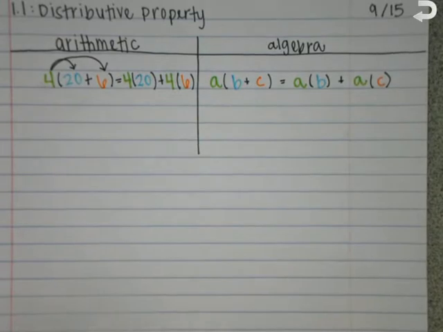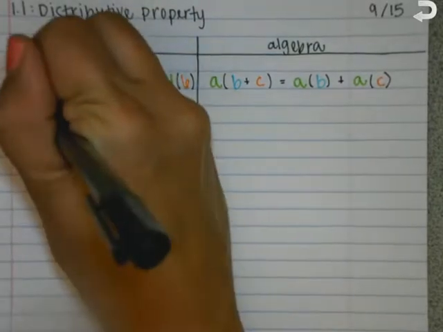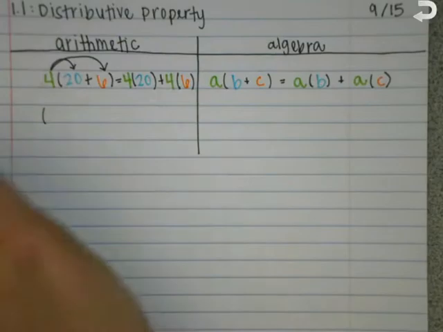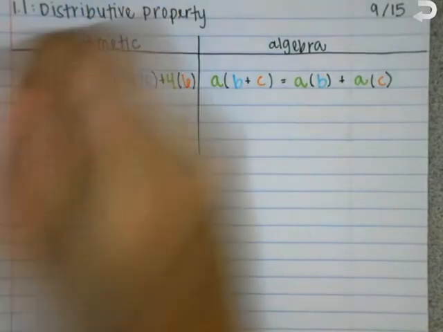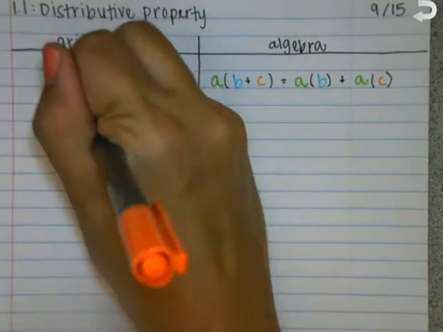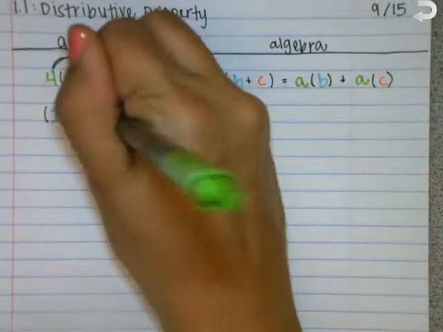Okay, something you may not have seen before is, what if I want to rewrite this distributive property, but I reorder things? So let's say 20 plus 6 times 4 on the back. How does that change things?